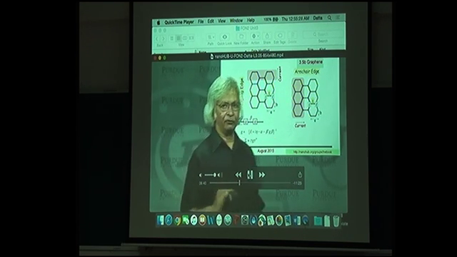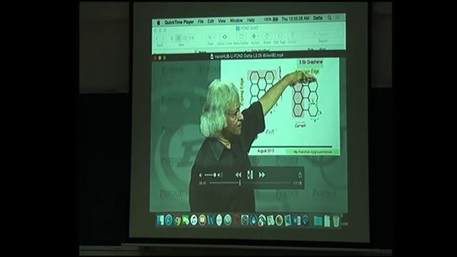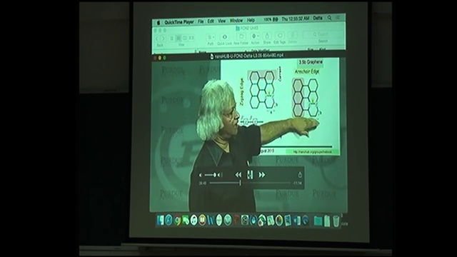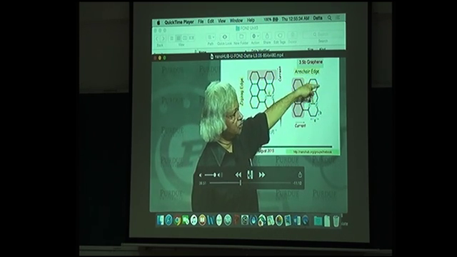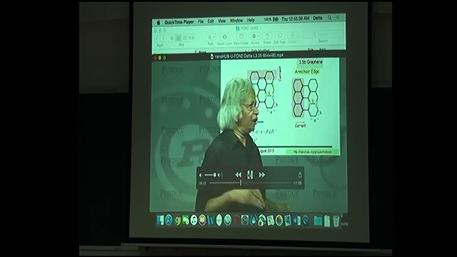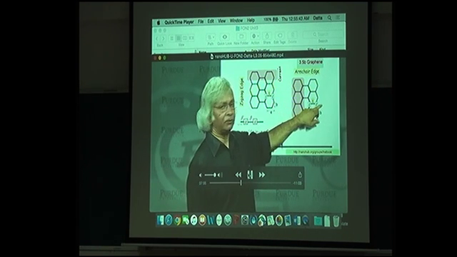Of course, you have to be careful, because if in the transverse direction you have an armchair, then in the longitudinal direction you would have a zigzag. So you have to be careful when you are referring to something as armchair, which side you are talking about, this one or that one.